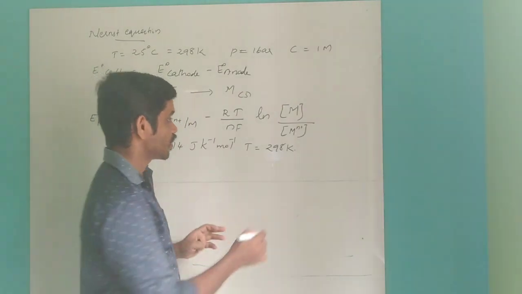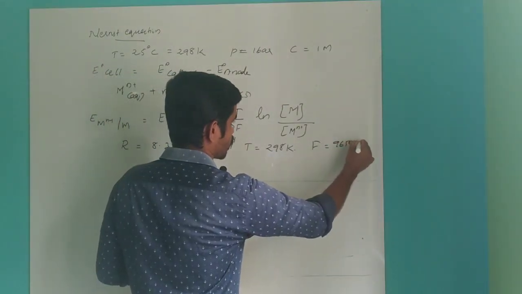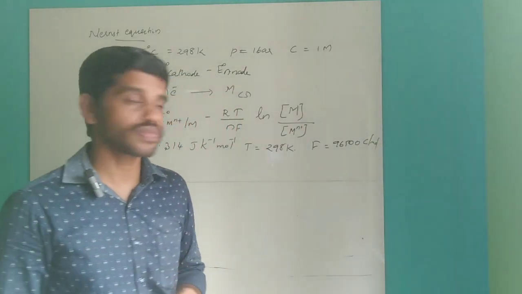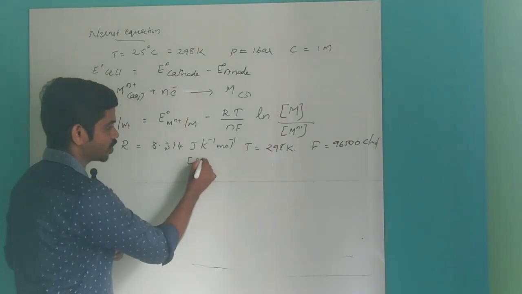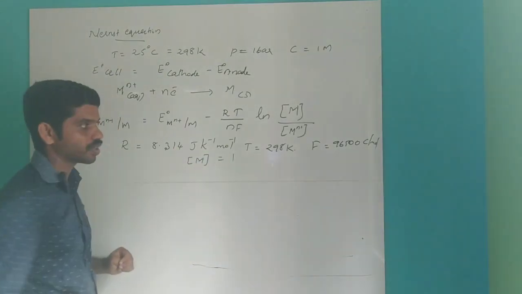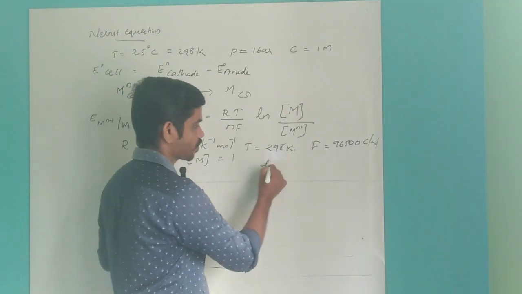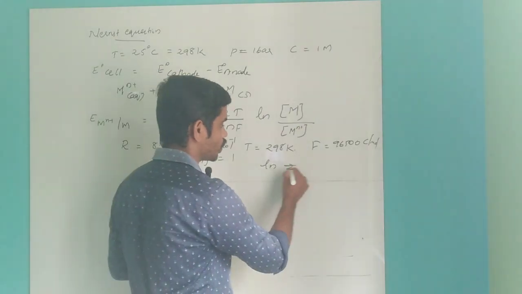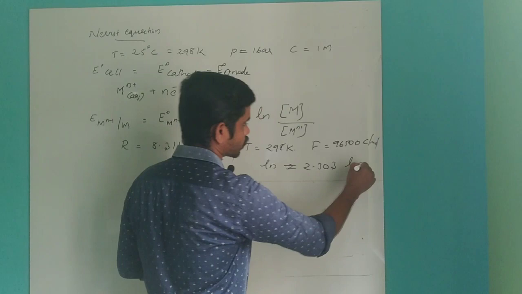F is Faraday's constant, 96500 coulomb per mole. The concentration of M, the reduced state, is equal to 1. Then convert ln into log, where ln is equal to 2.303 log.